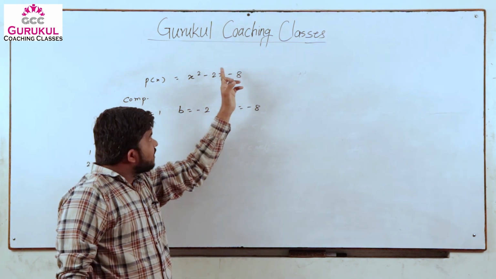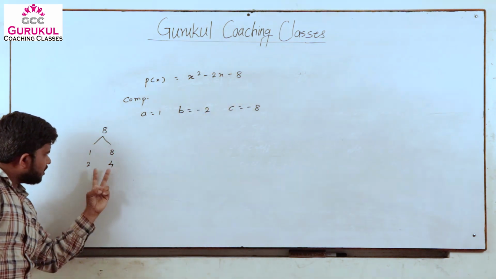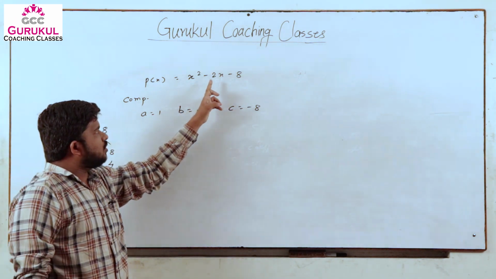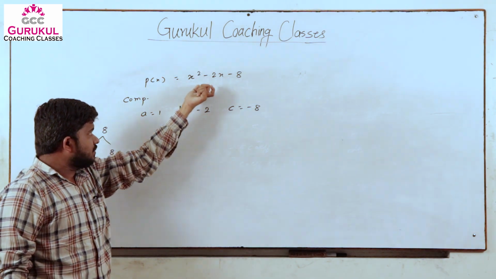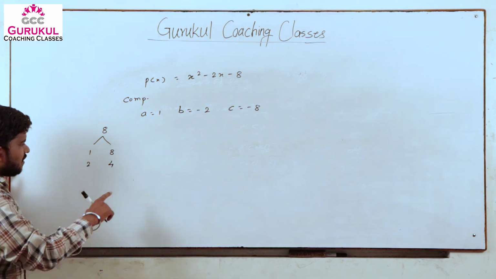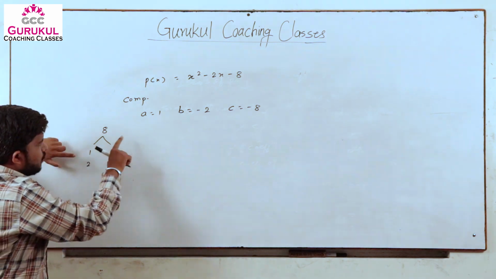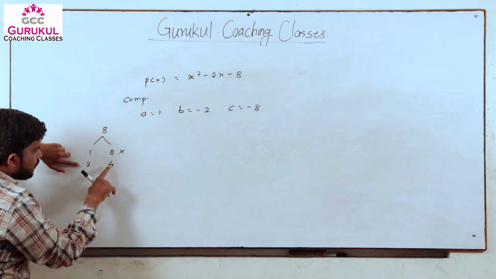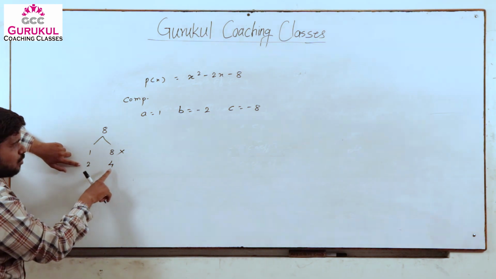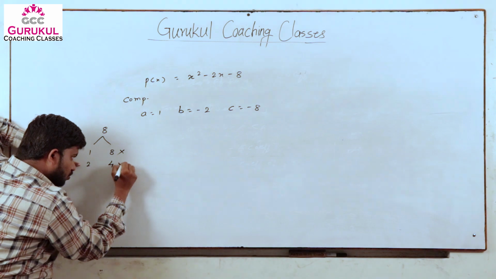When the last term has a negative sign, the difference between these two factors is equal to the middle term, and the larger factor has the same sign as the middle term and the smaller factor has the opposite sign. 8 minus 1 is 7. We require minus 2, so this factor pair is not required. 2, 4: 4 minus 2 is 2.